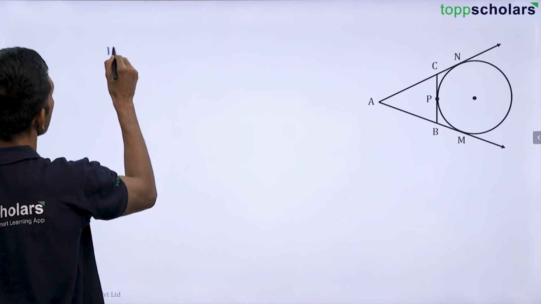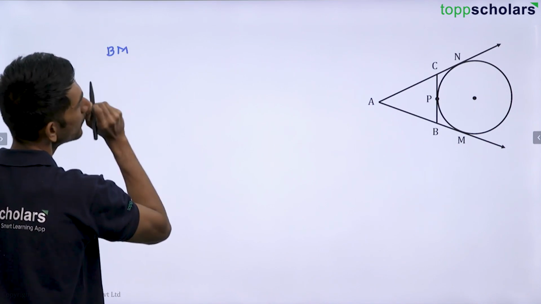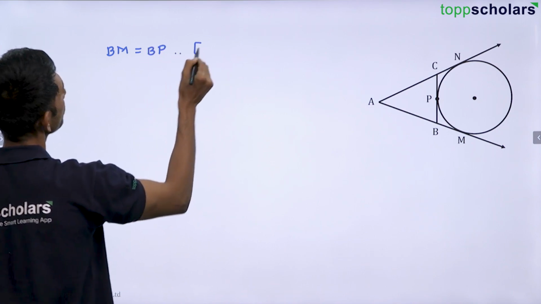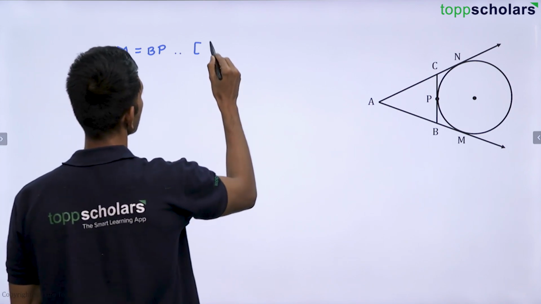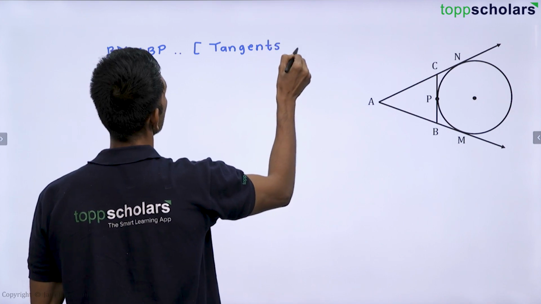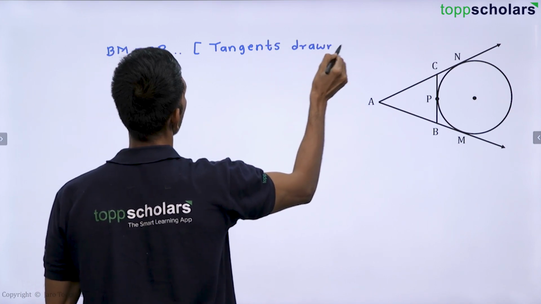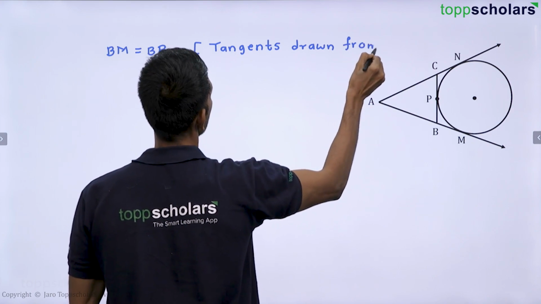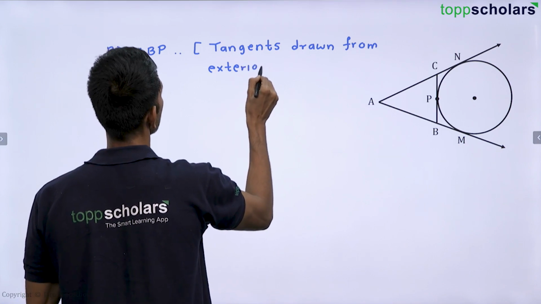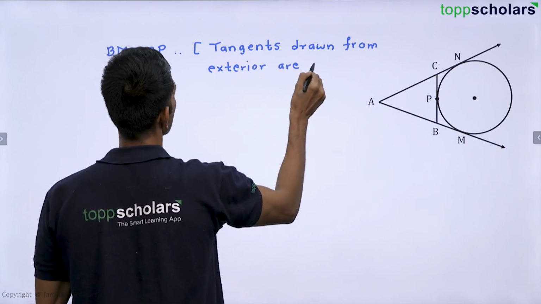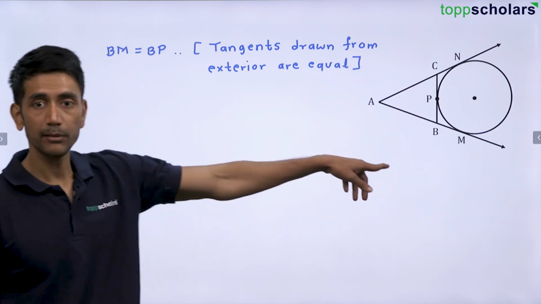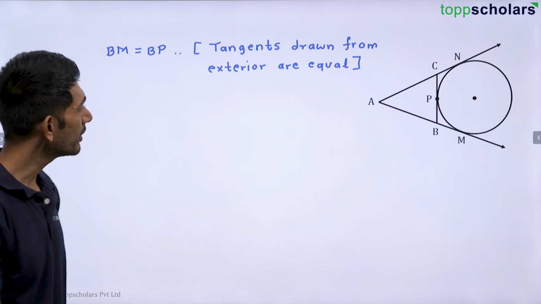So can I say BM is equal to BP because tangents drawn from external or exterior point are equal, right? Tangents drawn from the exterior point are equal, so BM is equal to BP.